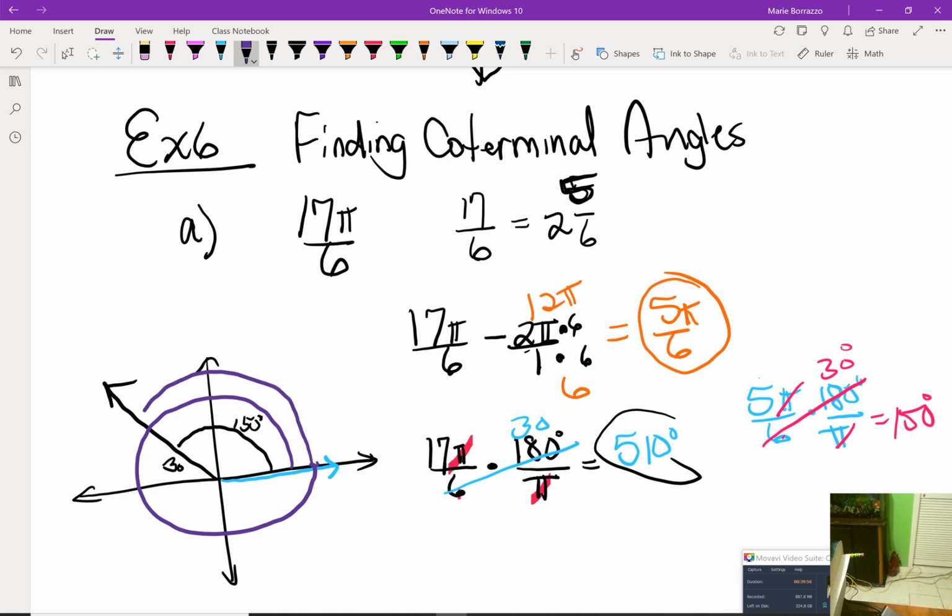And obviously the answer is 150, and we're back to our terminal side here, and all of the purple is your 510 degrees. So that is in essence what you've done. I just wanted to put 2 and 2 together so you see where the connection is. Remember, 1 full rotation is 2 pi. And in this case, we did have 1 full rotation.